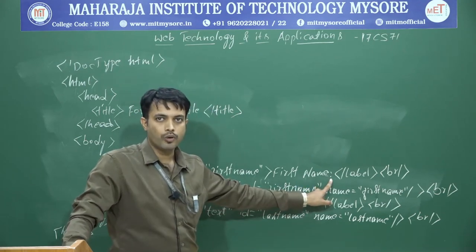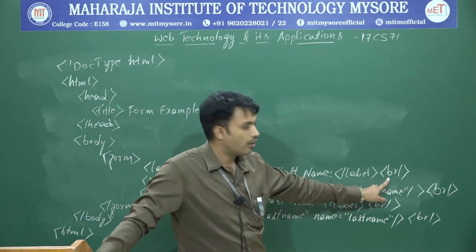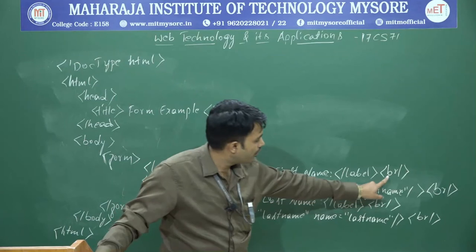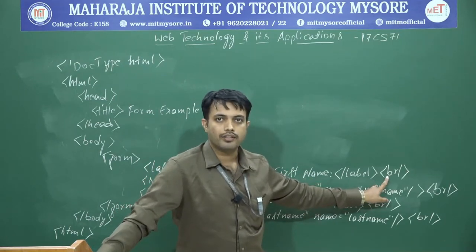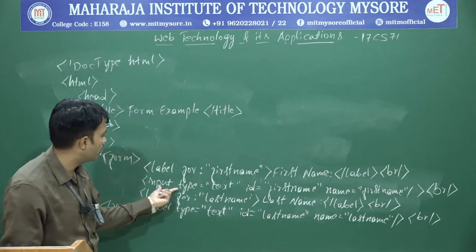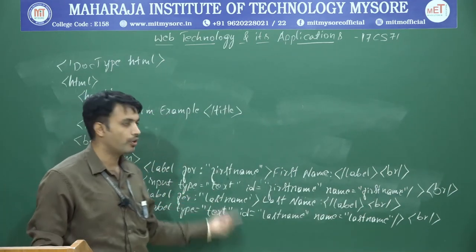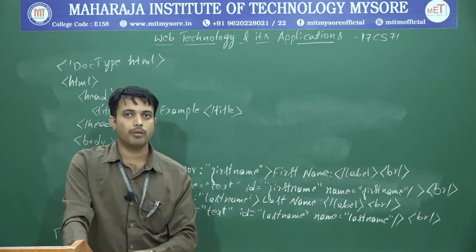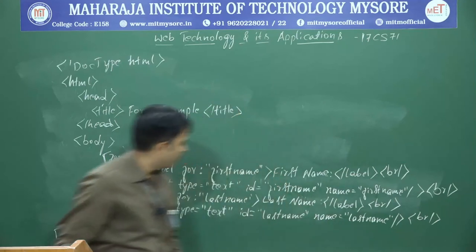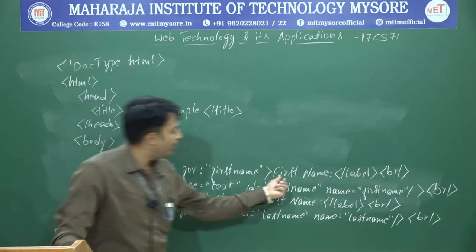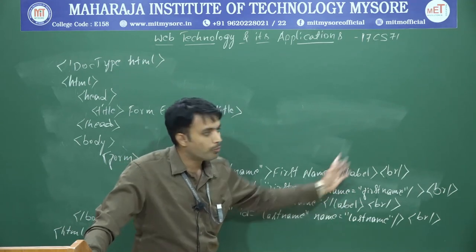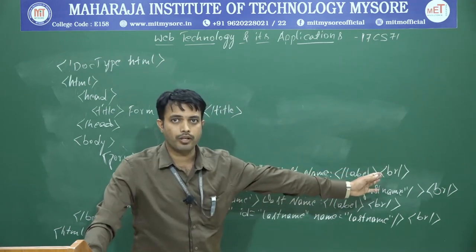At the end I have closed that label, and again I am using the break tag. That means the text box will appear in the next line, and without this break tag your text box will appear next to the first name.